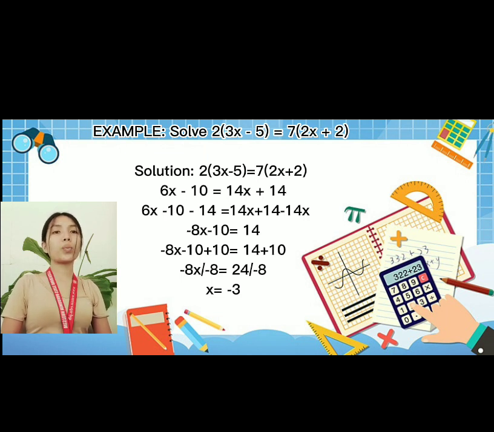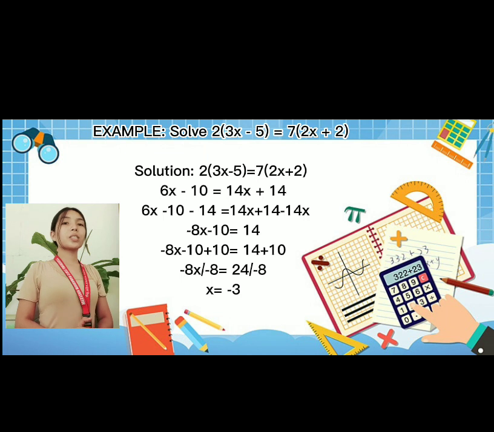Since we are done with removing the parentheses, we are now going to isolate the variable term on the left side and the constant term on the right side by subtracting 14x from both sides and adding 10 to both sides.